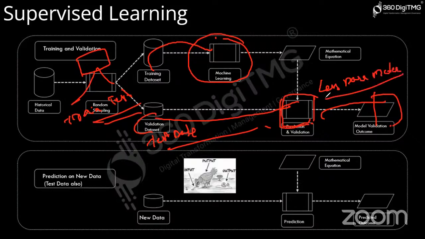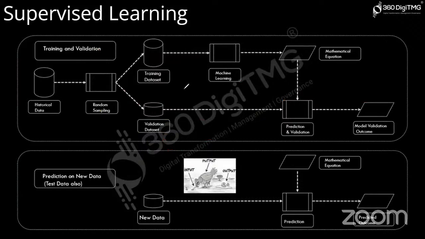When you have a small number of parameters, or hyperparameters as you can also call them, that works. When you have a larger number of hyperparameters or parameters, we additionally give one validation data set. What happens when you have a high number of parameters?